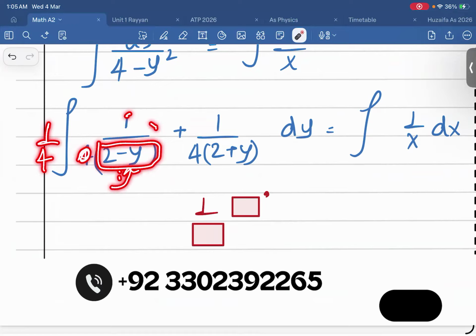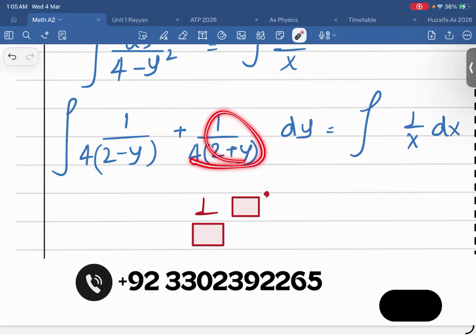The derivative of this box is going to be just negative 1. We have 1 here, but we want the negative 1, so I multiply and divide by negative 1, and then you can integrate it, right? Clear? And over here, you can also apply the same thing, right?